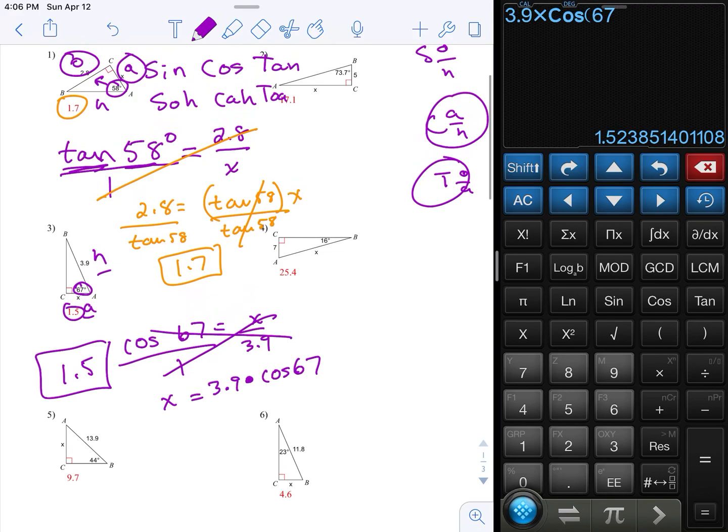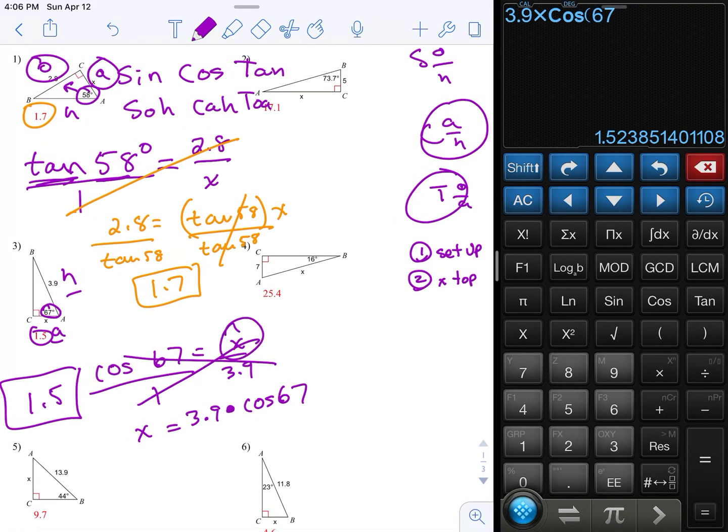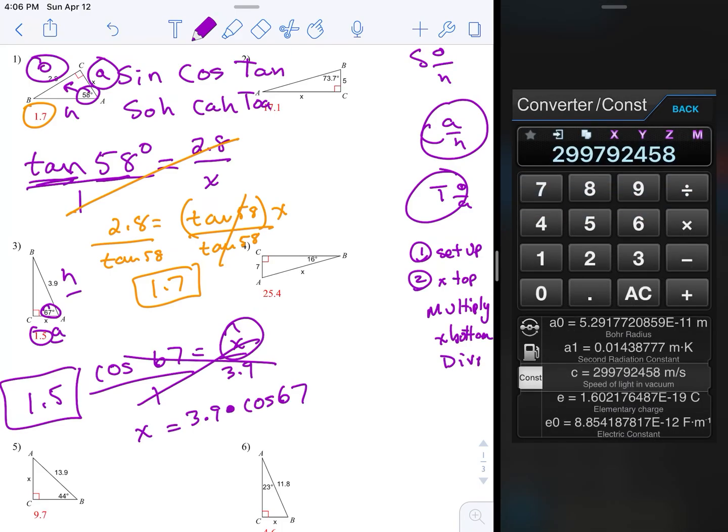Here are some shortcuts. Step 1, set it up. Step 2, if x is on top, like this one, you're going to multiply. If x is on the bottom, you're going to divide.